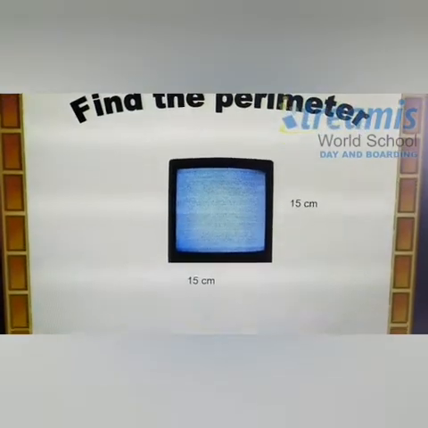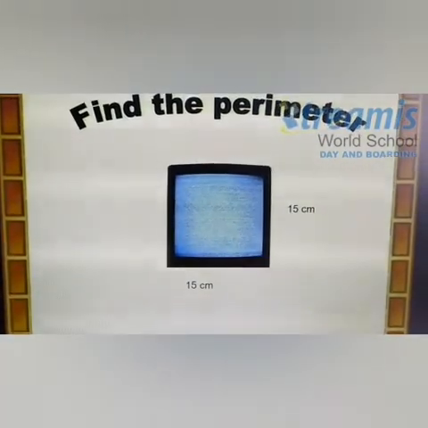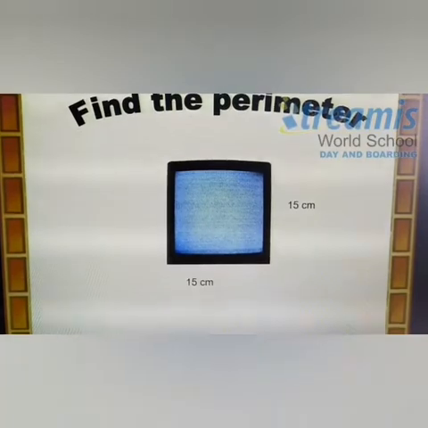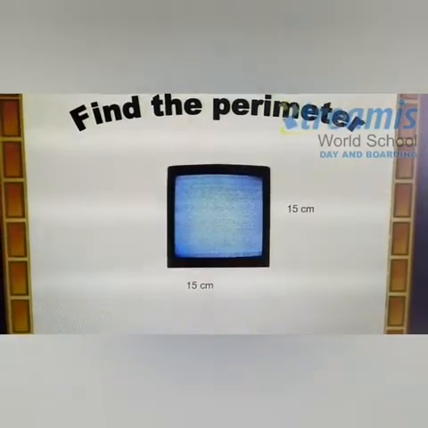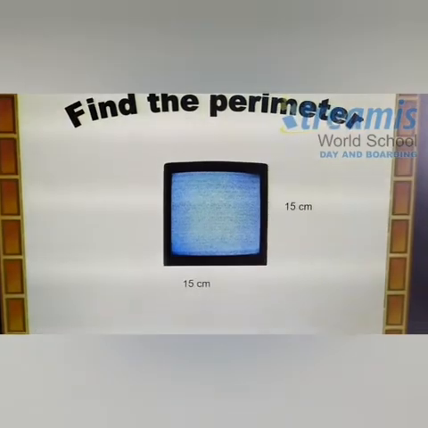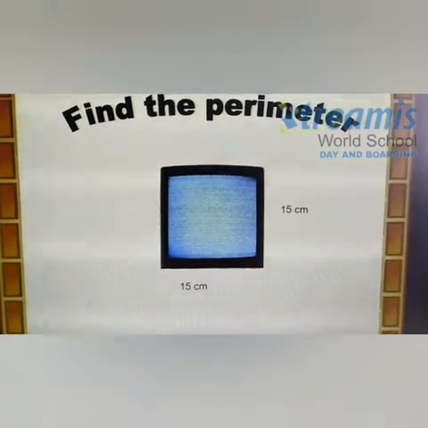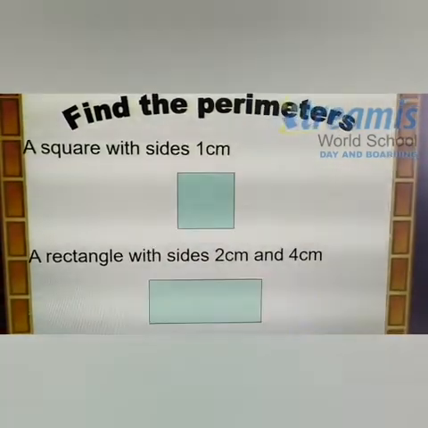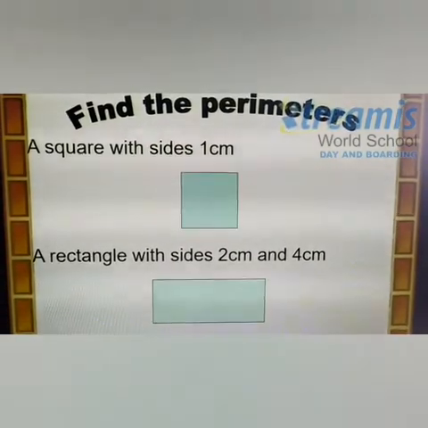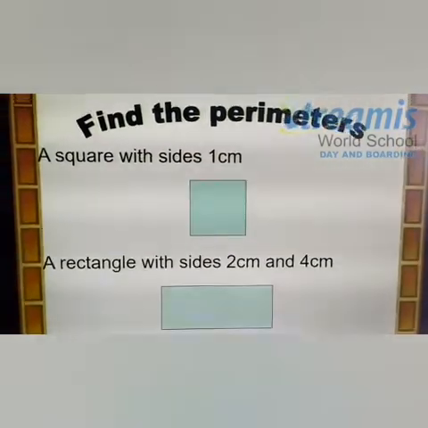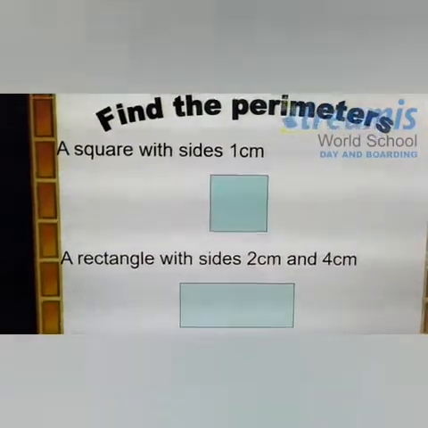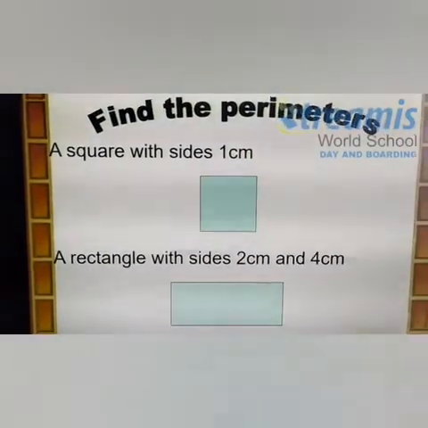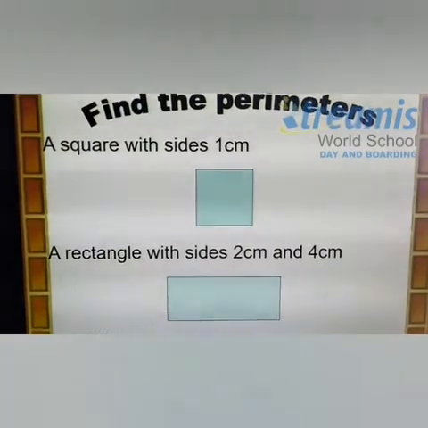Now here we have a square of 15 centimeters each side. That will be 15 plus 15 plus 15 plus 15, that is 4 multiplied by 15, 60 centimeters. Now a square with sides 1 centimeter is 1 plus 1 plus 1 plus 1, 4 centimeters.